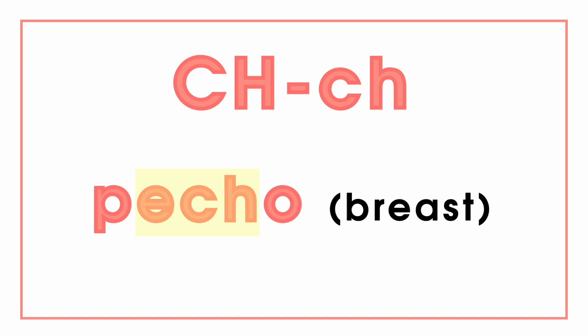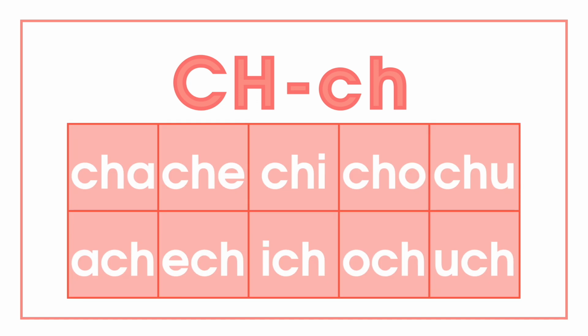Instead, the e sound is part of the previous syllable pe and cho is part of the following syllable, and both of them are direct syllables. I've included them here anyway so you can get an idea of how they would be pronounced.